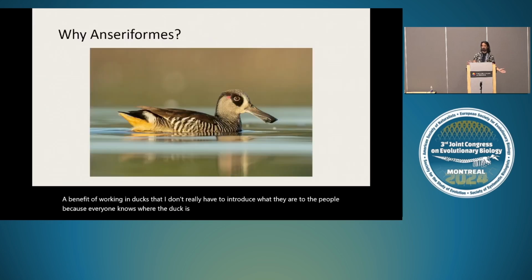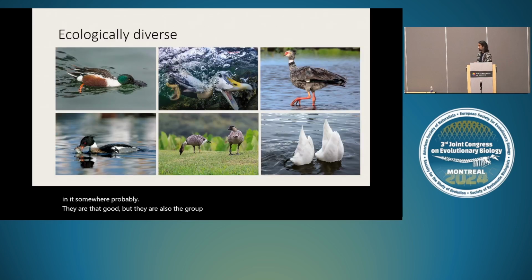So why were you working on Anseriformes? Well, partly because literally everyone knows what a duck is. They are that successful. In every freshwater habitat in the world, you will find a duck. If you see fresh water somewhere, there will probably be a duck in it somewhere. They are that good. But the group is also incredibly ecologically diverse.